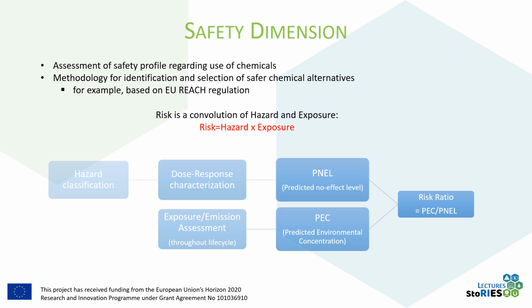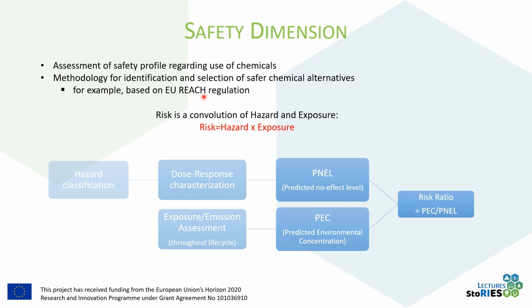But let's see a bit more in detail how to evaluate the safety and the sustainability dimensions inside the framework of SSbD. Regarding safety, the guidelines say that there are several methodologies that can be applied. For example, the European REACH regulation.